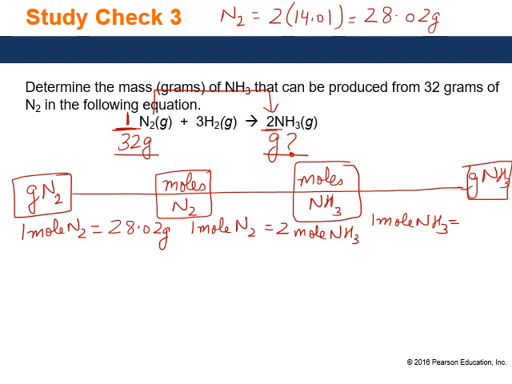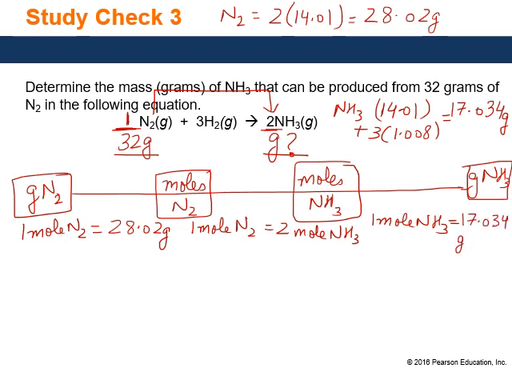Find the molar mass of ammonia. 1 nitrogen, so 14.01, plus 3 hydrogen, so 1.008. When you plug this into the calculator, it gives you 17.034 grams. So 1 mole is 17.034 grams of ammonia.